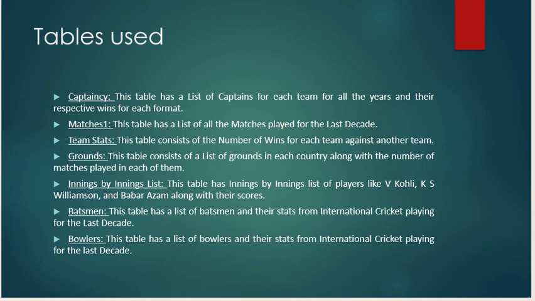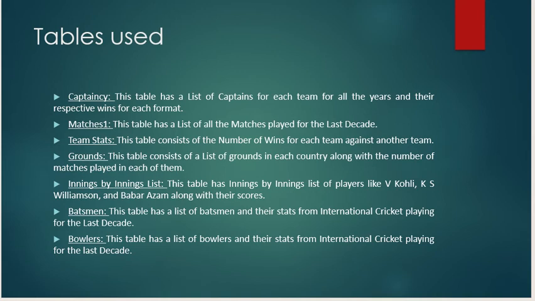The first table is the captaincy table. It consists of the list of captains of all the teams. Next is the matches table. It consists of the list of all the matches played in international cricket. Team stats contains the number of wins for each team in international cricket.